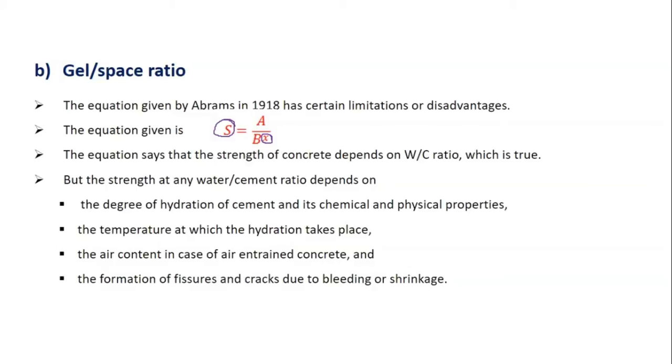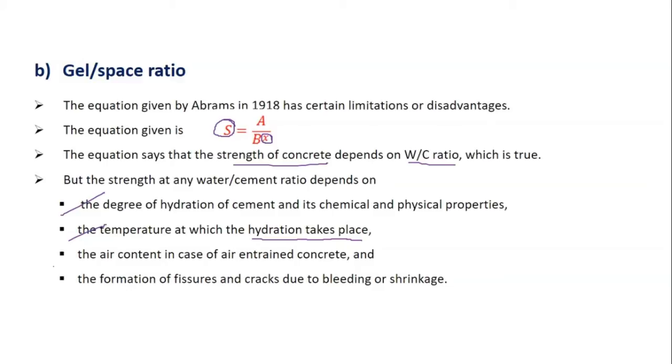But in fact, it is not only the water cement ratio that is influencing the strength of the concrete. There are other factors also, such as first one, the degree of hydration of cement: how much amount of cement is hydrated at that particular instant of time, and the temperature at which the hydration is taking place. What is the temperature while this concrete is hardening?